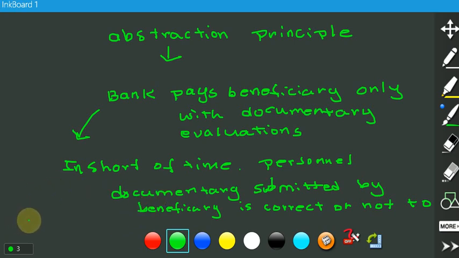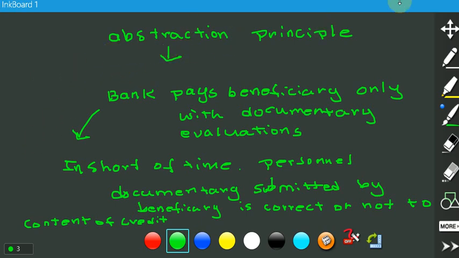They just check whether the documentary is well submitted, well equipped to meet the request of a letter of credit. Okay, they just see this one. They just evaluate this one. That is called abstractions.